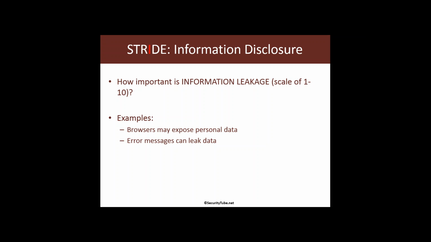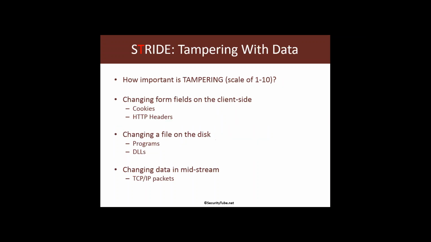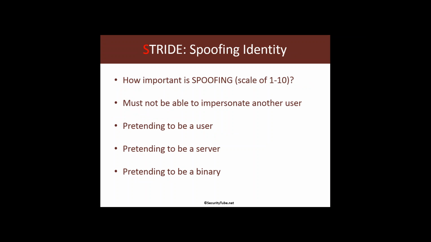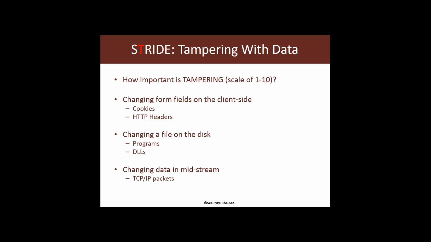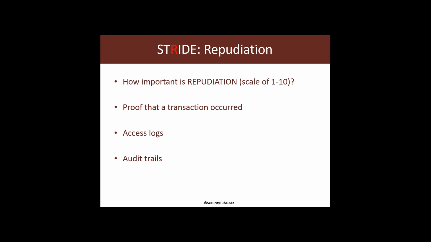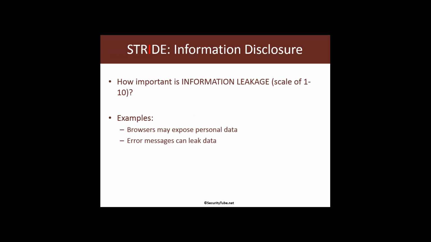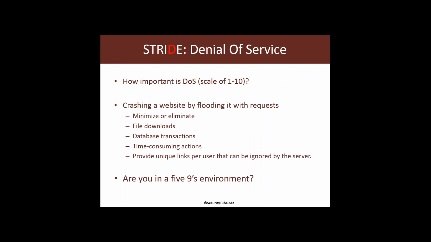Okay, not too bad. So right now we know that spoofing, 10. Tampering, 10. Repudiation, 10. Information leakage, 8. Then we start talking about denial of service. Okay, well, is it a 5 nines environment?